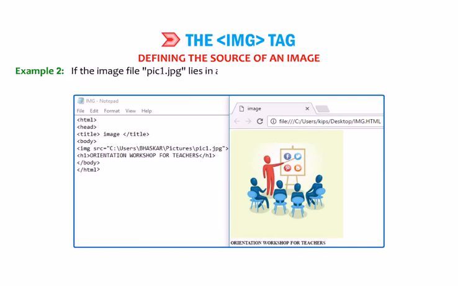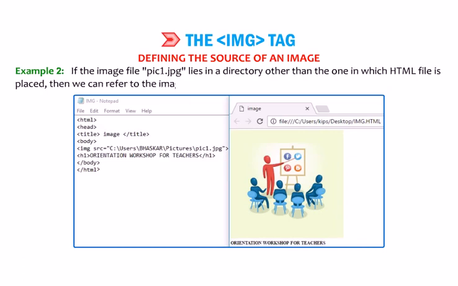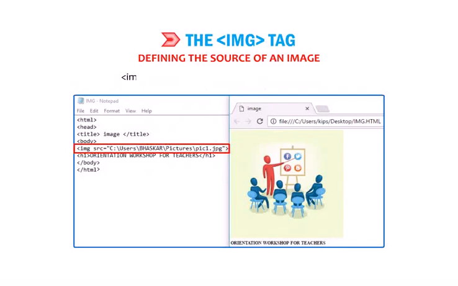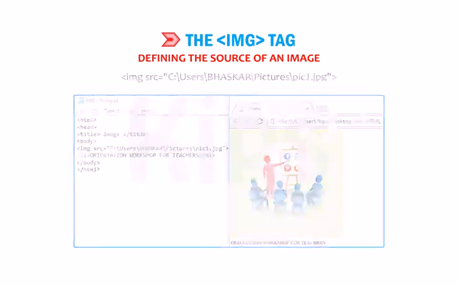Example: if the image file pic1.jpg lies in a directory other than the one in which the HTML file is placed, then we can refer to the image by specifying full path of the file. Image src equals to c:/users/bhaskar/pictures/pic1.jpg close.